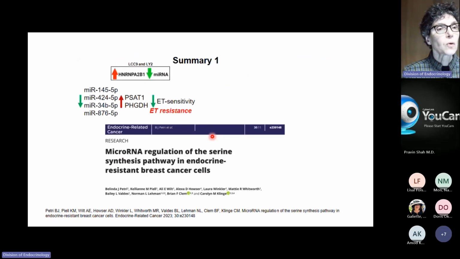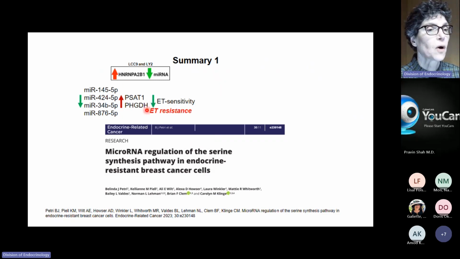So what we've shown is that hnRNPA2B1 decreases specific microRNAs that target PSAT1 and PHGDH, that decreases endocrine therapy sensitivity, hence increasing endocrine therapy resistance.